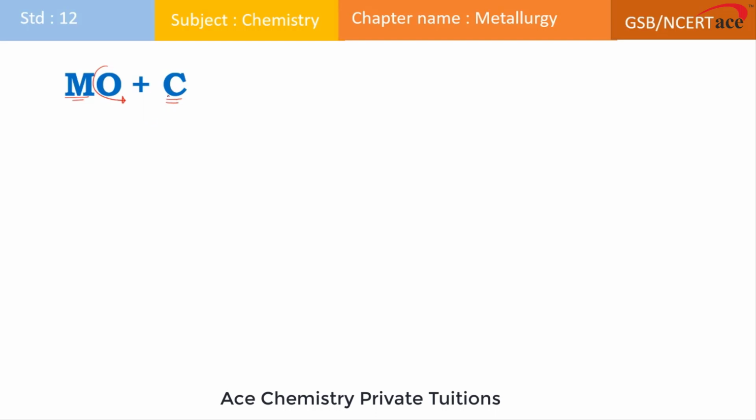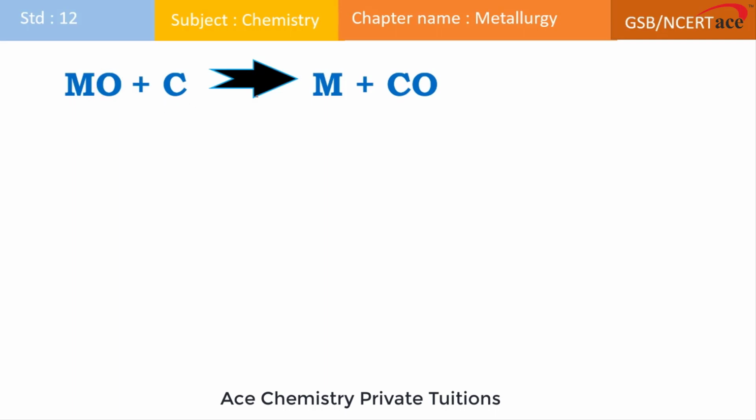So carbon or any reducing agent tries to break the bond between the metal and oxygen, and it tries to form a new compound or new oxide of its own. So when this process proceeds further, and this metal oxide undergoes reduction, then this metal oxide will get converted to metal, and this reducing agent will get oxidized to form its corresponding oxide.